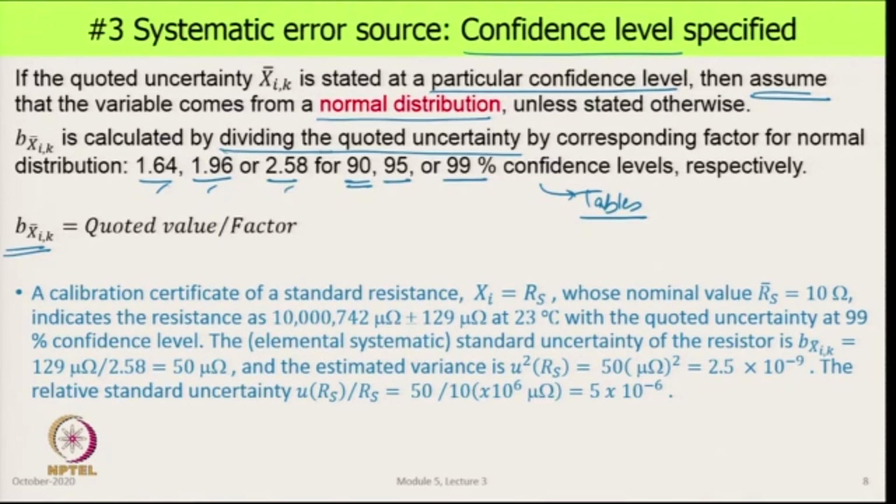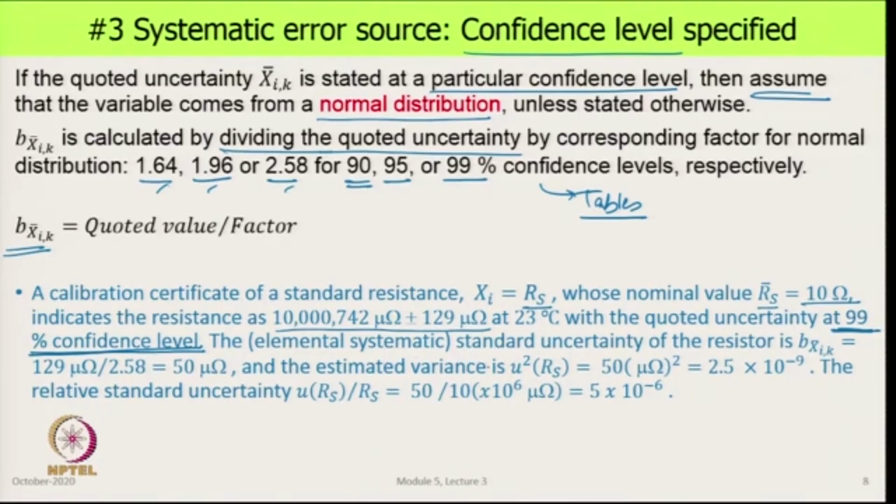And the example here is like this. A calibration certificate of a standard resistance, the variable is called R subscript S, whose nominal value R S bar is 10 ohms, indicates the resistance as this much micro ohms plus minus 129 micro ohms at 23 degrees Celsius, when quoted with an uncertainty of 99% confidence level. So, here the confidence level has been explicitly stated.